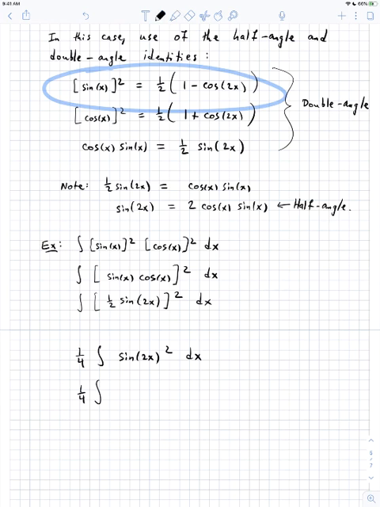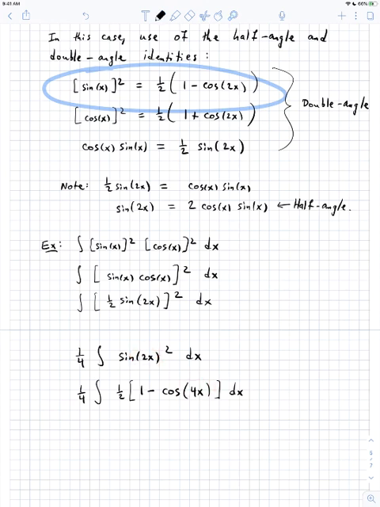So it's going to be 1/2 times 1 minus cosine of double the angle dx. Now this is 4x, because whatever angle you start with here, you double it. That's why it's called the double angle identity. If you start with x, you double it to get 2x. Here I have 2x, so I double it to get 4x.